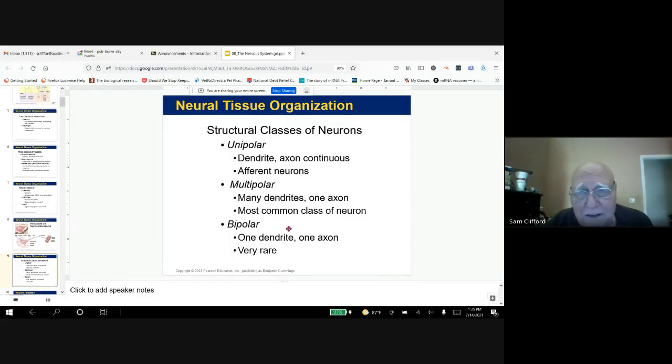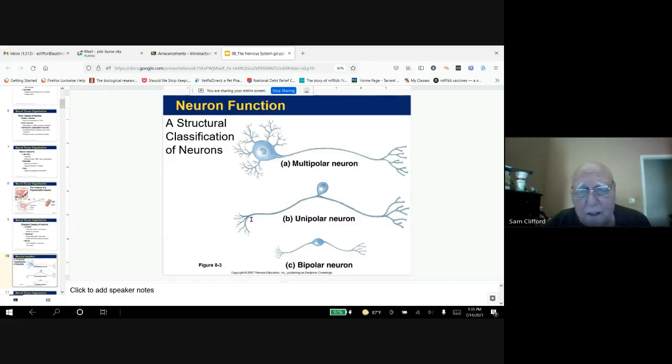So what are the classes of neurons? Unipolar, multipolar, bipolar. So what do they look like? Multipolar has a cell body with dendrites, a single axon, and the axon endings. Unipolar neurons are involved in the afferent or sensory system. Information is picked up from the exterior, again, such as touch, pressure, temperature.